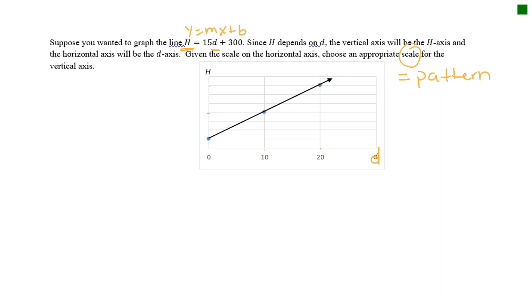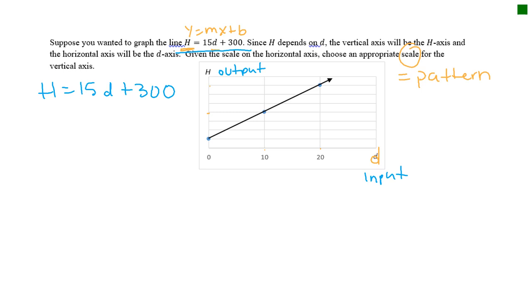This is like Target 3B. We're plugging in points to get an answer. Remember I told you x means the input, and I'm going to get an output. Whenever I put a number for d, I'm going to get an output for h. So h equals 15d plus 300, using the equation they gave me.